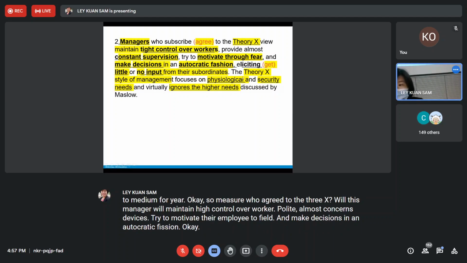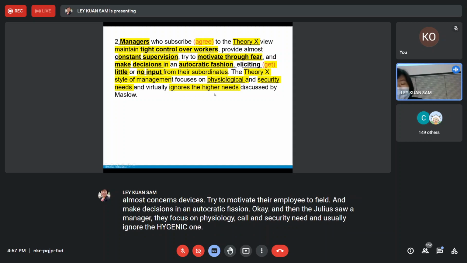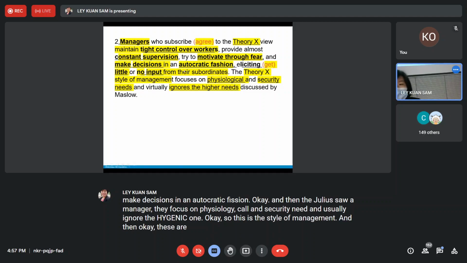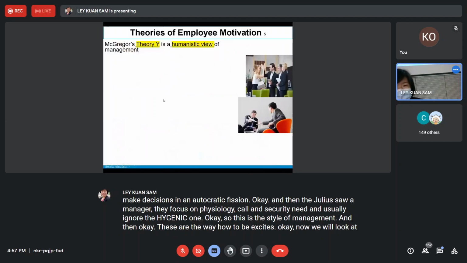Theory X managers focus on physiological and security needs, and usually ignore the higher needs. This is the style of management and the way Theory X managers motivate the workforce.